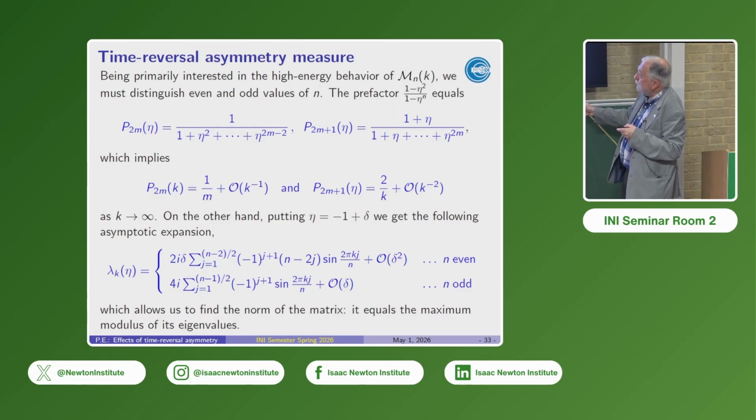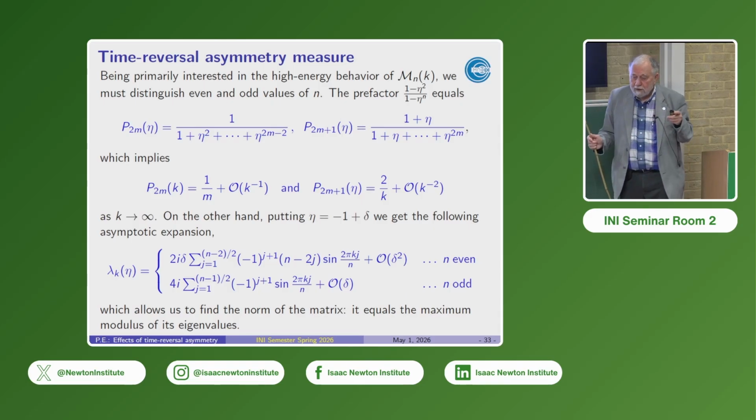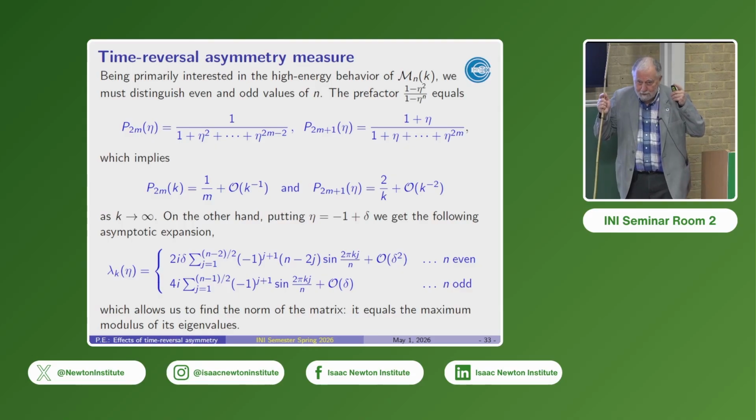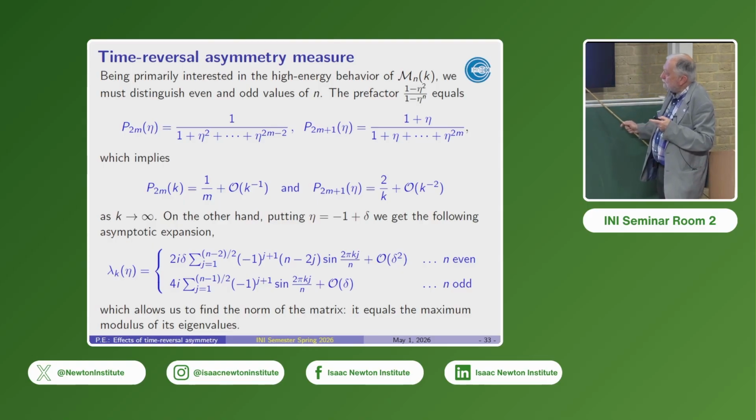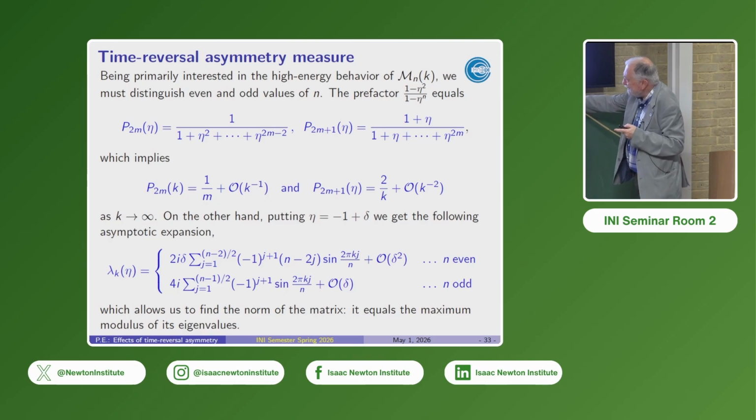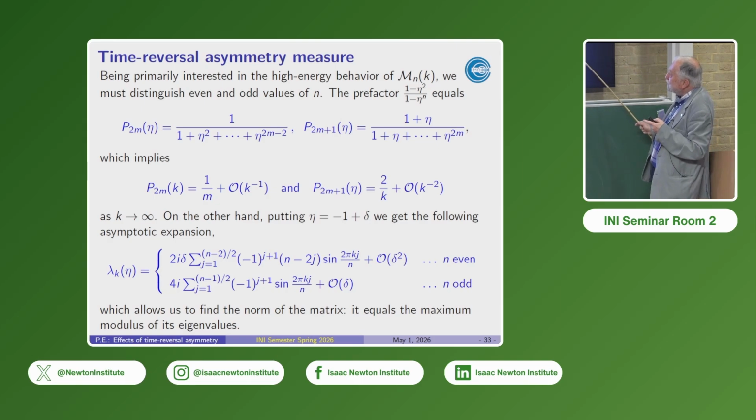Now the prefactor is here. If you write it in terms of E, if you return to the momentum variable, you see that the asymptotics is different for different parities. If m is even, it goes to 0 like that. If m is odd, it has a non-zero limit, and if m is odd, it goes to 0 like 1 over k.